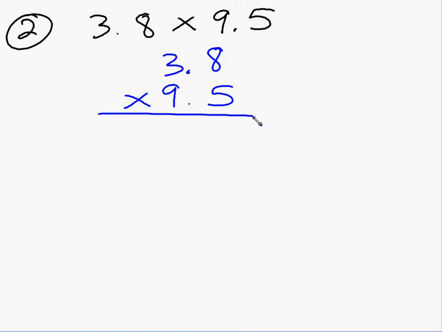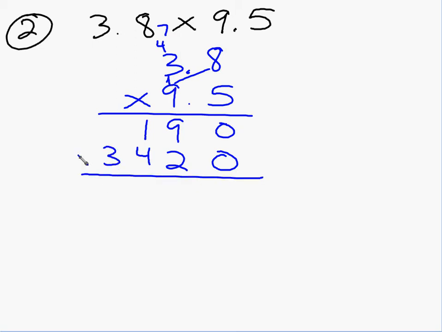And I do my multiplication just like we've been doing before. 5 times 8 is 40, carry a 4. 5 times 3 is 15, plus 4 is 19, put a 0. 9 times 8 is 72. Carry a 7. 9 times 3 is 27, plus 7 is 34. Do my addition. 0, 11, 6, and 3.